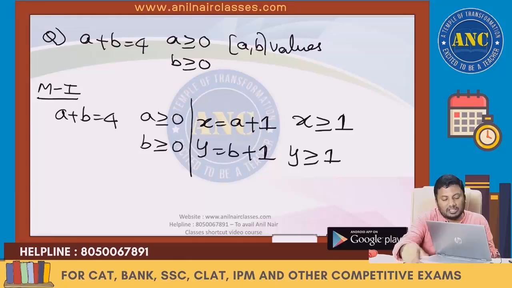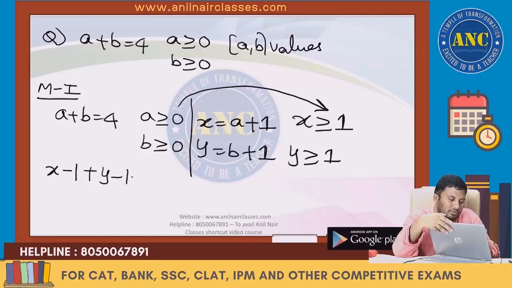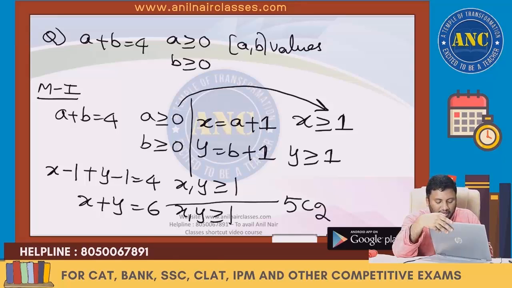I am converting the domain of the variable from 0 to 1 because I know the shortcut when they start with 1. A is x minus 1, b is y minus 1, so x plus y equals 6, x and y greater than or equal to 1. 6 means the answer is 5C2, which is 10.